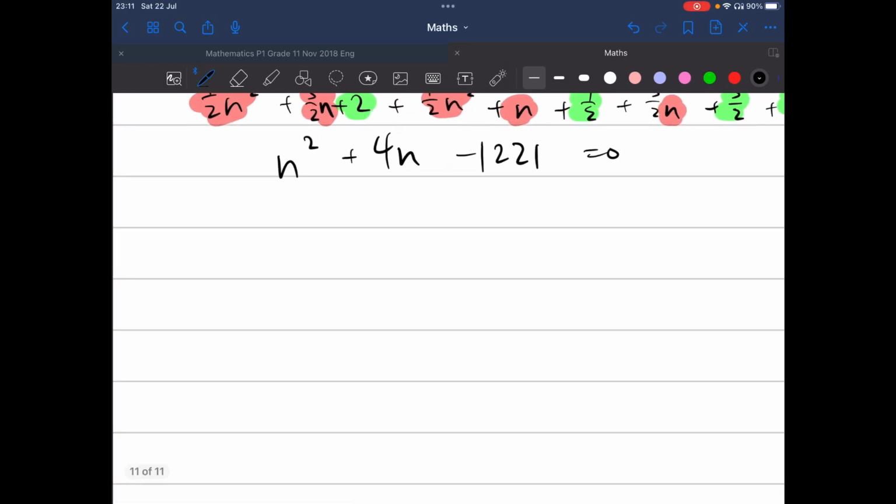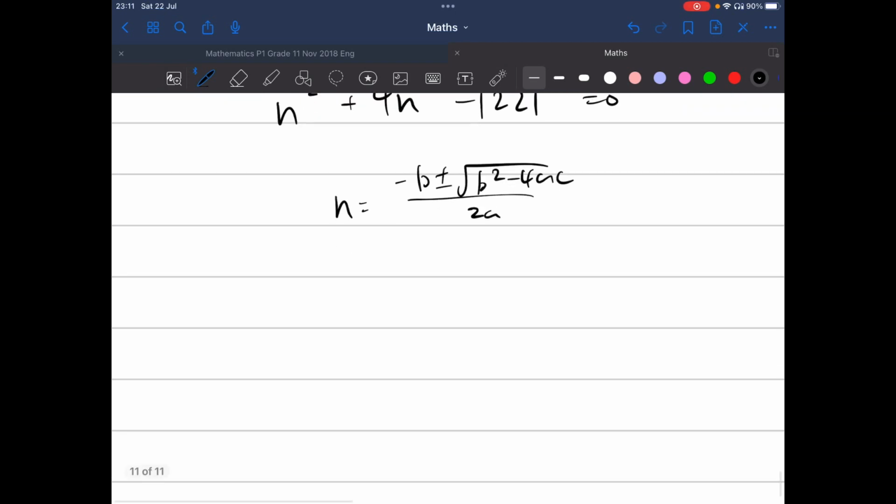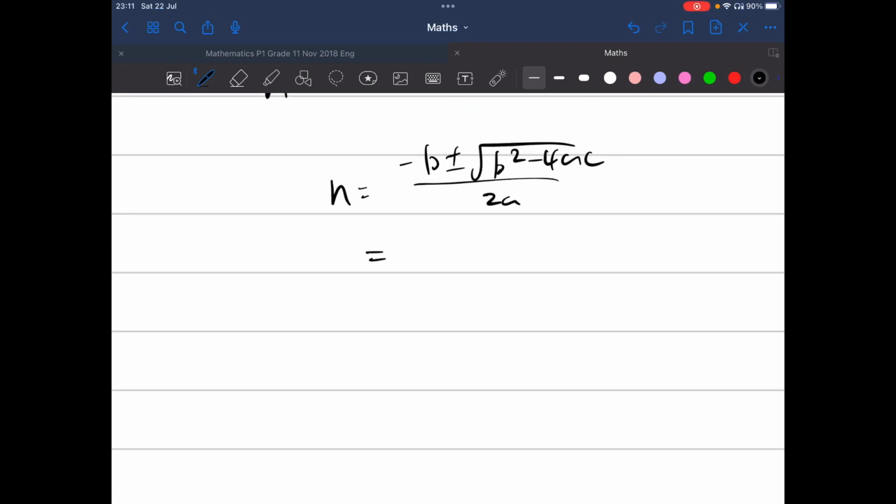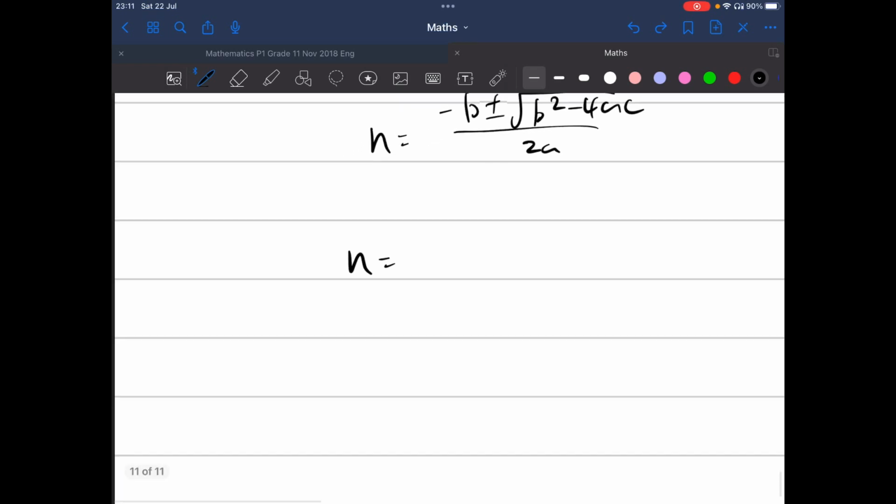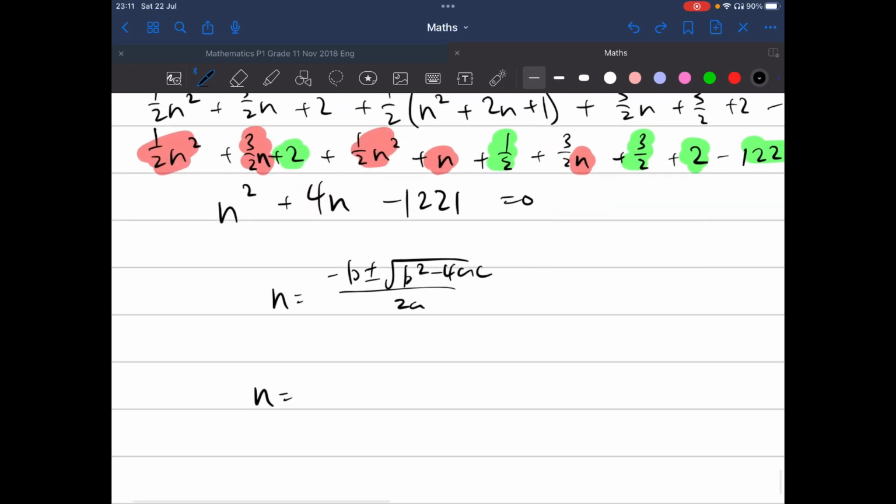So now let's use the quadratic formula. So minus b plus or minus the root of b squared minus 4ac all over 2a. Okay, and again now I'm just going to put this into my calculator, and then one time do it with plus and the second time with minus. Okay, so minus b, so it will be minus 4, right, because this is b, plus the root of b squared, so 4 squared is 16, minus 4a, a is just 1, and then c is minus 1221.